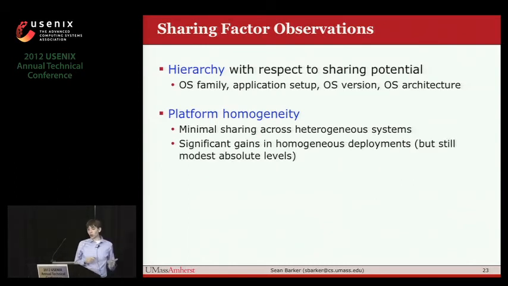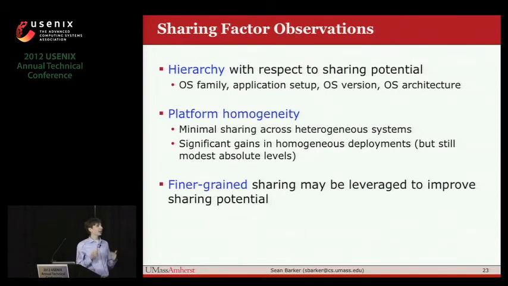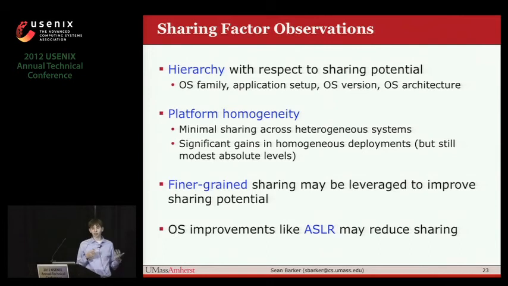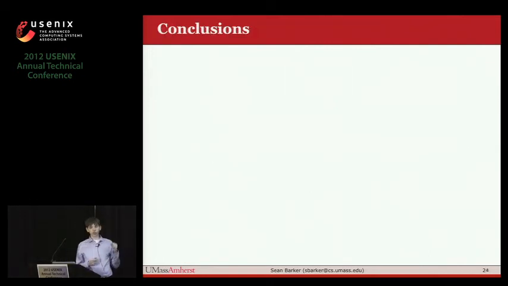When we looked at homogeneous systems, we saw there were significant gains in the amount of sharing possible, but still fairly modest absolute levels. We also saw how we can leverage finer grain sharing to improve sharing potential, but that's, again, an issue of diminishing returns. And then we also saw how OS improvements, in particular we looked at ASLR, may have a negative impact on sharing.